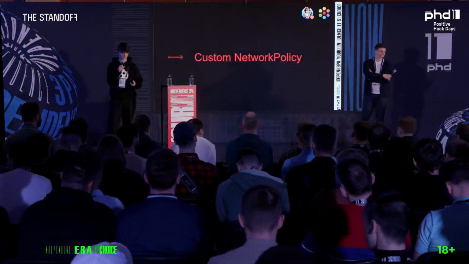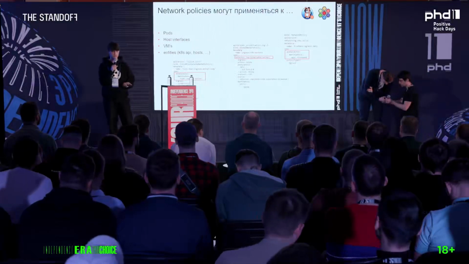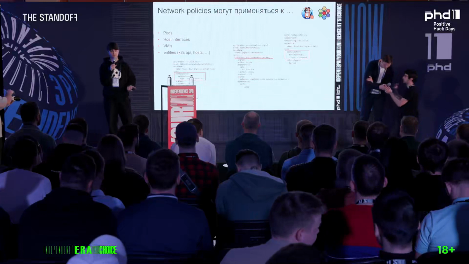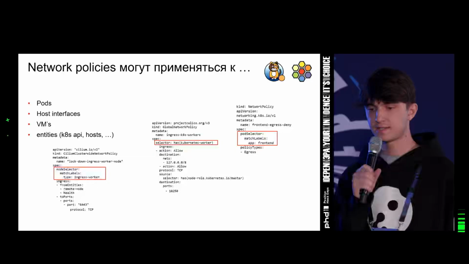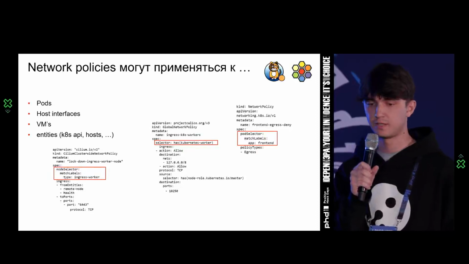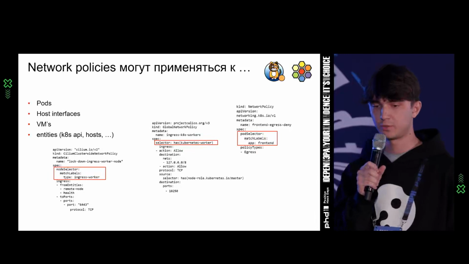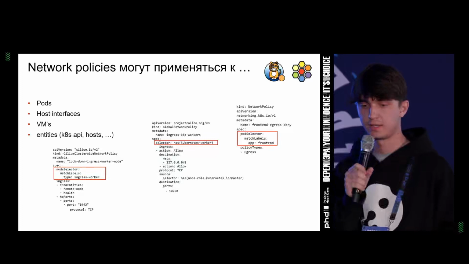And all slides are going to contain their logos on the slides. As you already know, by default, native policy can only be applied to pods. In custom network policies, however, it's extended. You can also use it to host interfaces, virtual machines, and other instances.